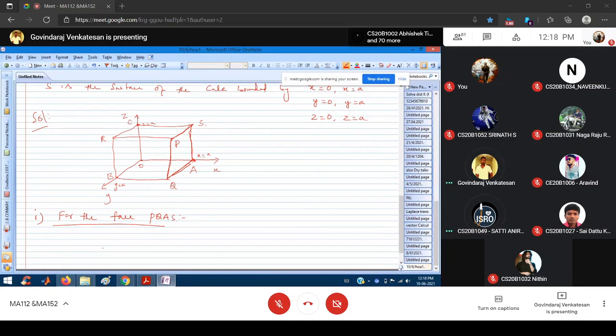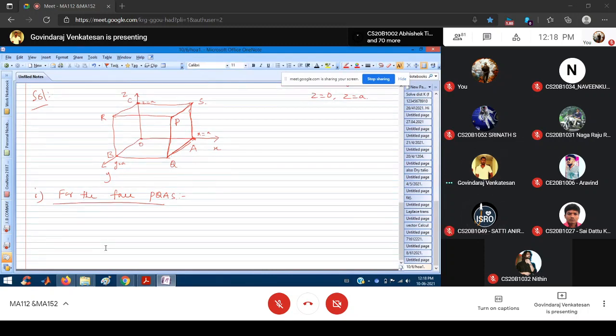I cap. How is I cap a normal vector? It is parallel to the x-axis. So therefore, I cap is the outward normal vector, and the vector n is nothing but the vector i.